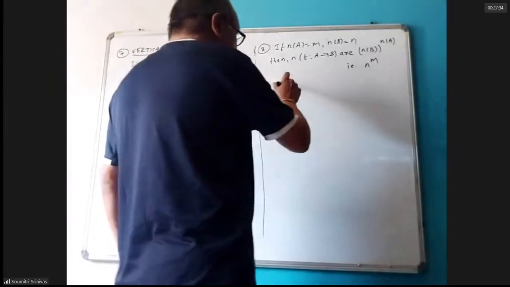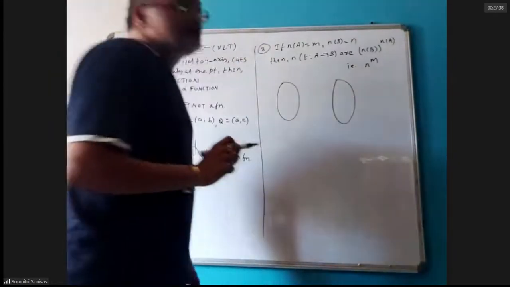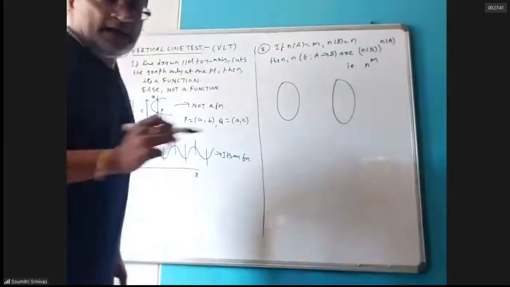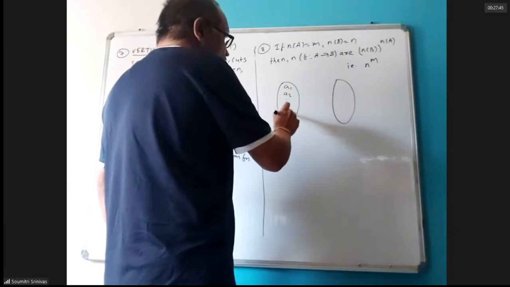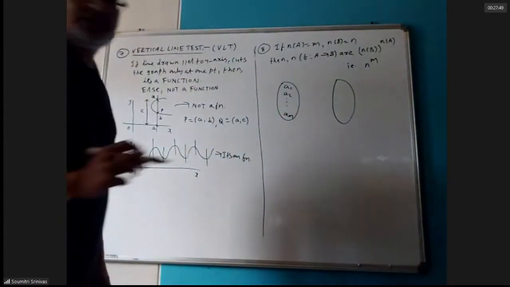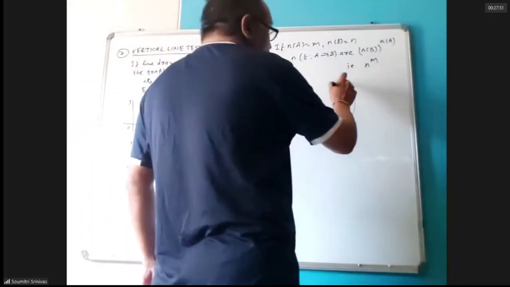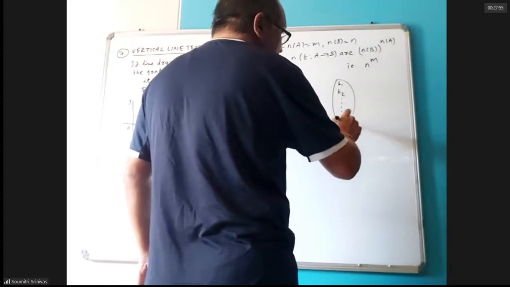Why is this so? How many elements does set A have? m elements: A1, A2, up to Am. How many elements does set B have? n elements: B1, B2, and so on till Bn.